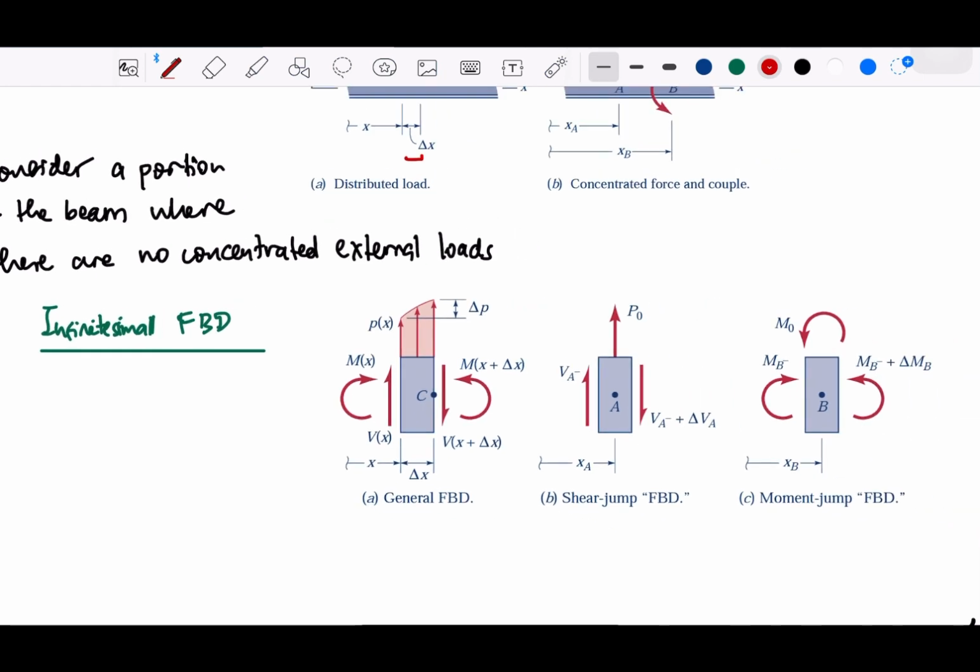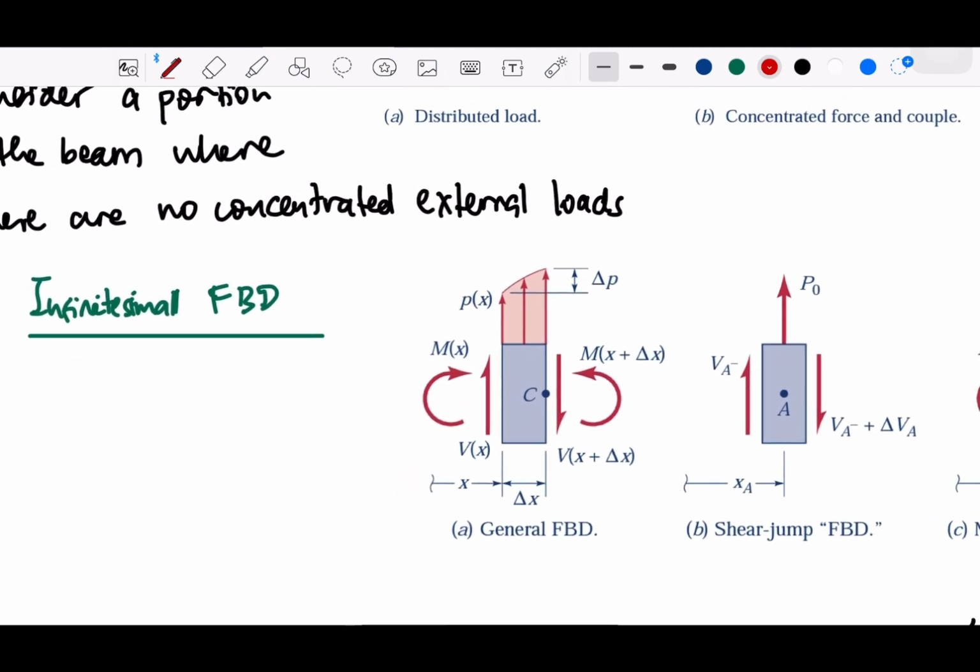So we are going to see another section. So first, this is the general free body diagram for the small sections of the beams. So all the external loads become small distributed loads over the small segments. And for the moment, we also consider this delta here.